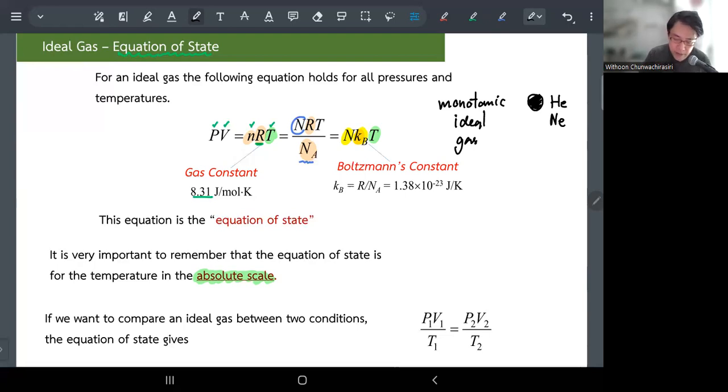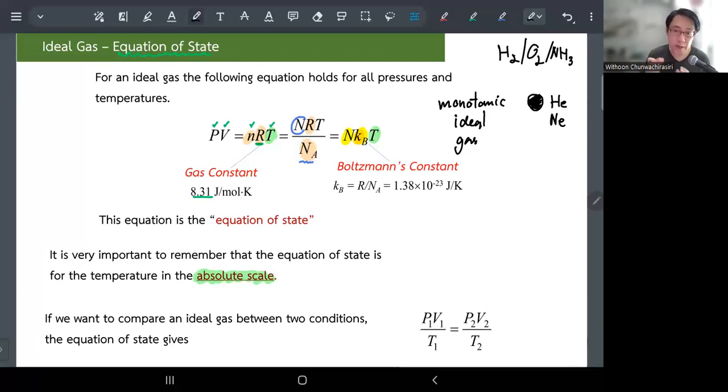However, if you talk about hydrogen, H2, that's diatomic, like O2, or something more complicated, like NH3, benzene, those crazy things, we don't want to talk about that. We're going to confine ourselves to just monatomic ideal gas.